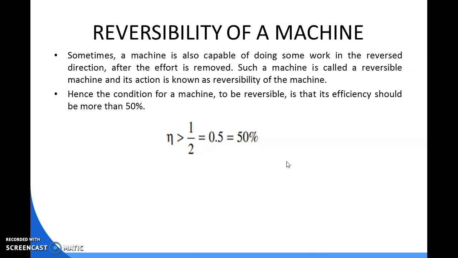The condition for a machine to be reversible is that its efficiency should be more than 50%. That means if the efficiency of any machine is more than 50%, then the machine will be reversible in nature.